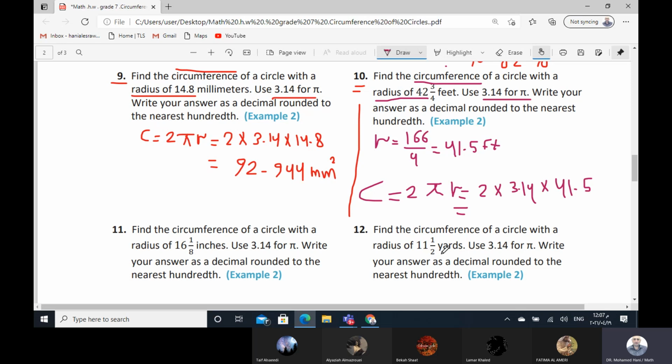Who can tell me what is the answer here? Yes. 260.62. Great, thank you. 260.62. And the unit, feet squared, or feet?